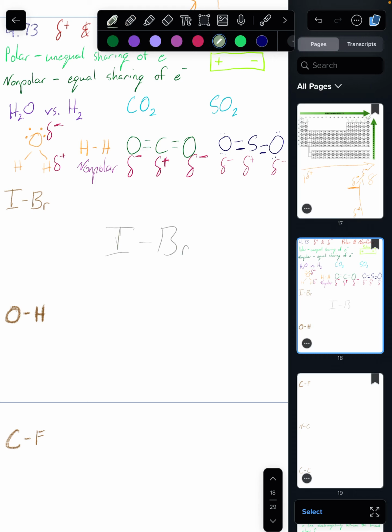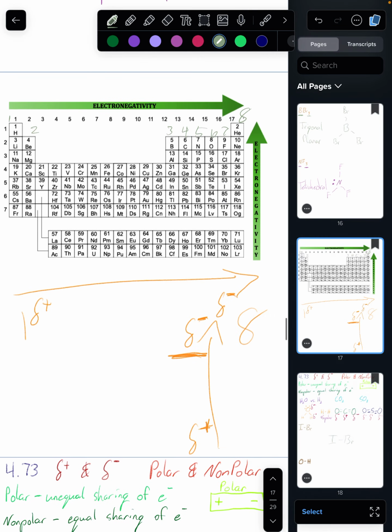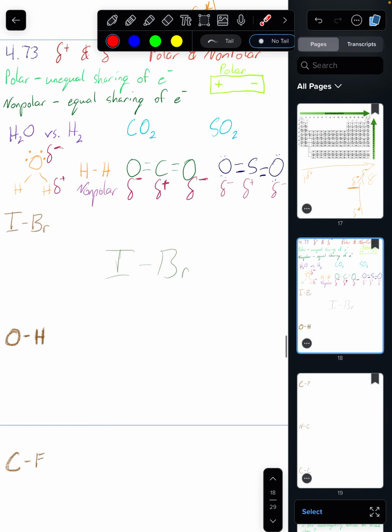And when we go back, you can tell that bromine's more electronegative than iodine. Sorry, that should have been so much simpler and so much easier. But the concept I explained before is still the same kind of a thing.